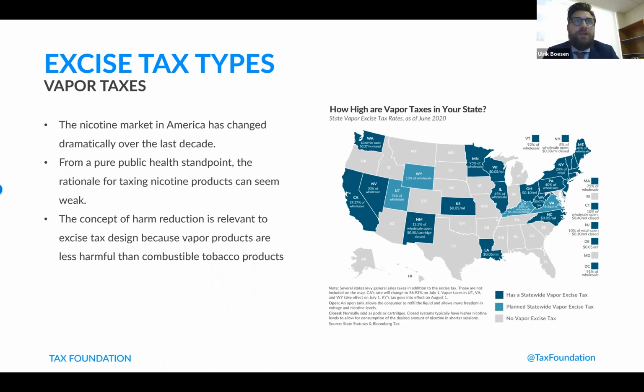And combustion is responsible for the majority of the negative effects associated with smoking. These products, which are still relatively new, are not available in very many states. But if states do start to think about them, it would be worth considering what the definition will look like for these, and what the tax rate will look like for these. And the best option there is likely to be a weight-based tax.